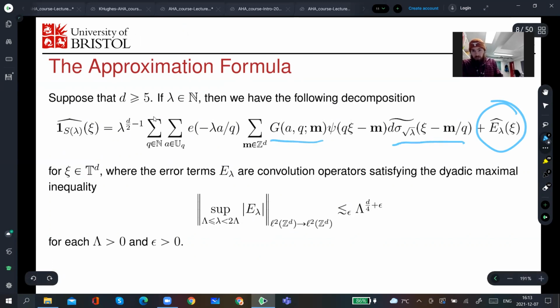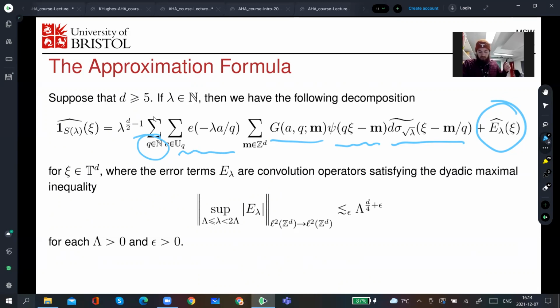We have the continuous Fourier transform of the spherical measure on the sphere of radius square root lambda, but localized by that little bump function we picked. This bump function, remember, is picking out rational points m over q, and is saying that we're localized around those rational points m over q for each modulus q here. Then we have this other linear twist coming from the units modulo q.